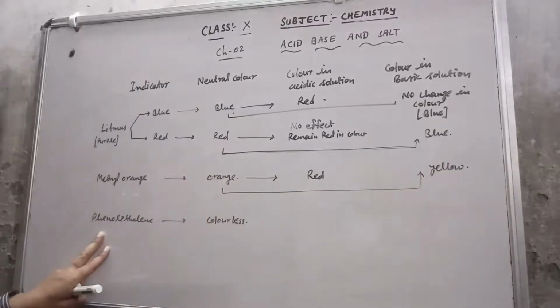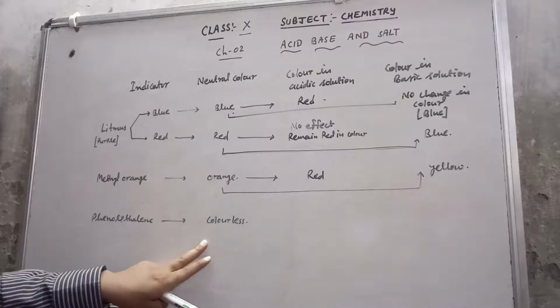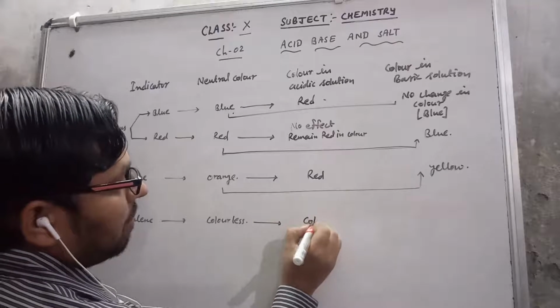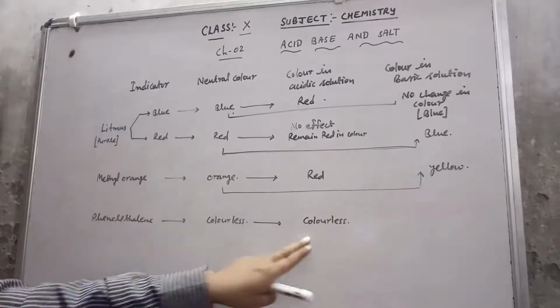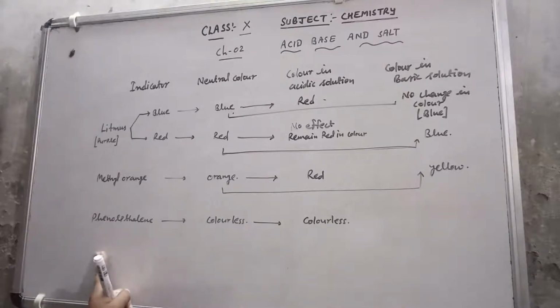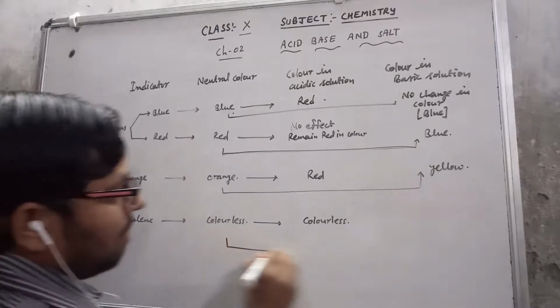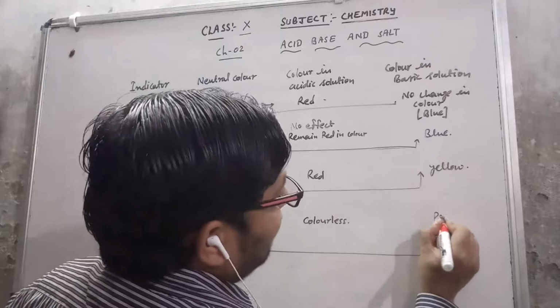Same for phenolphthalein. In neutral its color is colorless. If I put it in acidic solution, it will remain colorless, there will be no effect on the phenolphthalein indicator. But if I put phenolphthalein in basic solution, then the colorless is converted into pink in color.